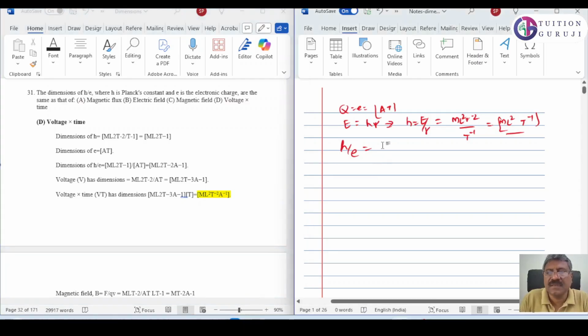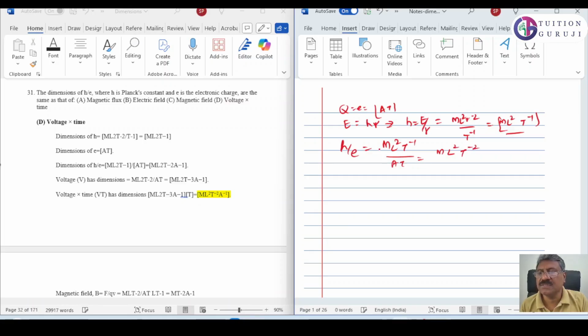H by E. H is ML²T⁻¹ divided by E, which is AT. Therefore, ML²T⁻²A⁻¹. Now we want to find out the physical quantity which has the same dimension as H by E.